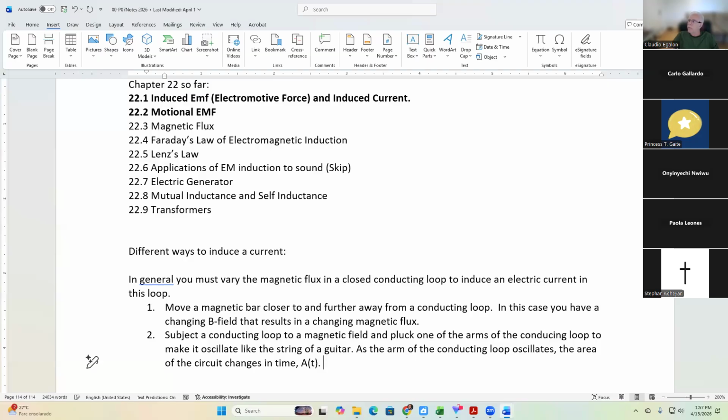This change in area results in a changing magnetic flux, which induces a current in the closed loop circuit.